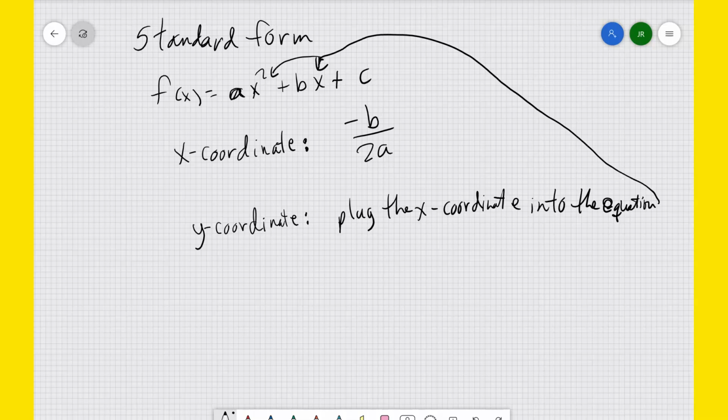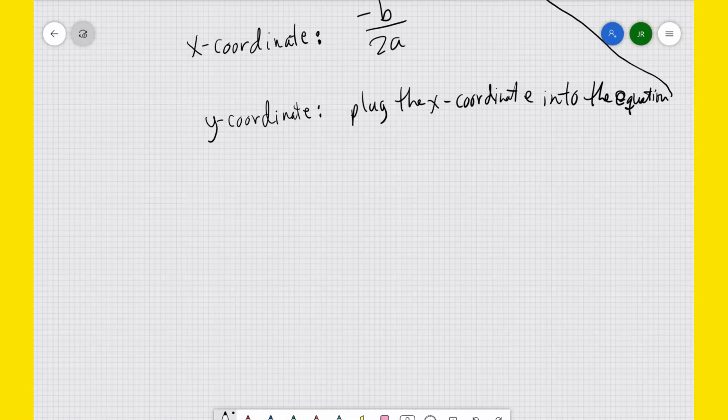And then you'll have your vertex. After you find your vertex, you do the exact same steps we did before: over 1, up 1, over 2, up 4, or over 1, up 1 times a, over 2, up 4 times a. So let's do some examples of that.